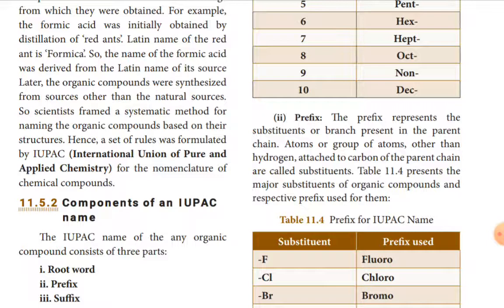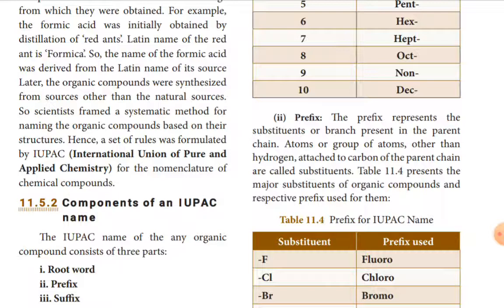Branch atoms or group of atoms other than hydrogen attached to the carbon skeleton. So we have to find out what atoms or group of atoms other than hydrogen are attached to the carbon chain.